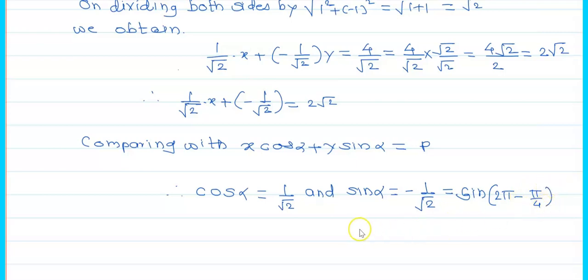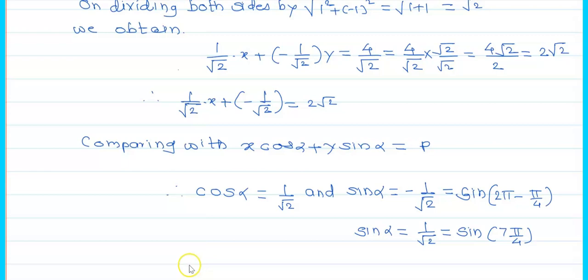Okay, and after simplification, here sin of alpha is equals to 1 upon root 2 and that is equals to sine of 2 pi into 4, that is 8, and 8 minus pi, that is 7 pi by 4.